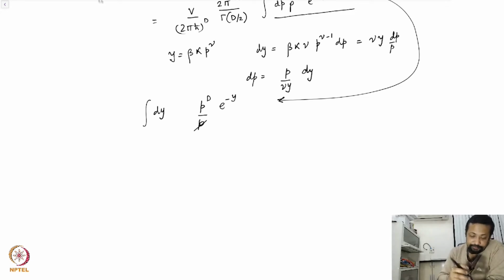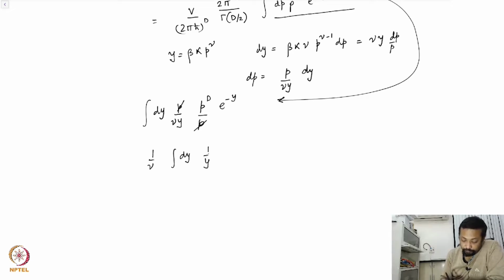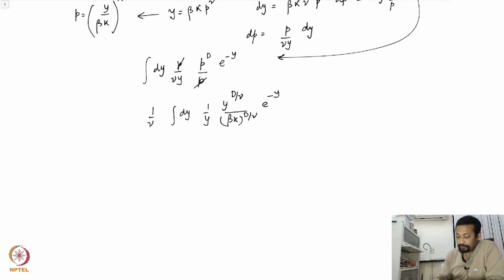So I will have p over nu times y, and this p cancels out, so you will be left with dy, 1 over nu, 1 over y, and from this p is y over beta kappa raised to the power 1 over nu, so y to the d by nu over beta kappa to the d by nu, e to the power minus y.